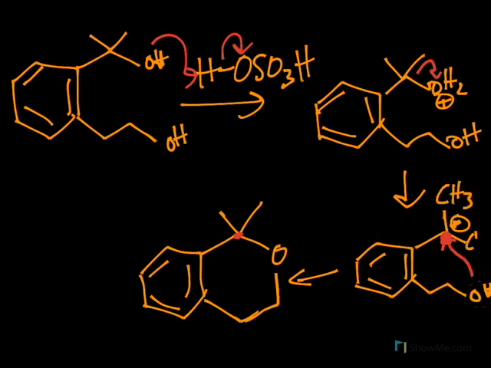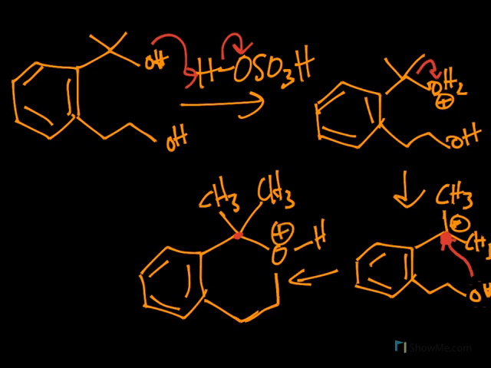So you have a CH3, you have a CH3. So that oxygen is attacking that carbon there. So you need to attach that oxygen to that carbon with the 2 methyl groups on it. And so that's how we know that it's attached right there instead of how I drew it earlier.